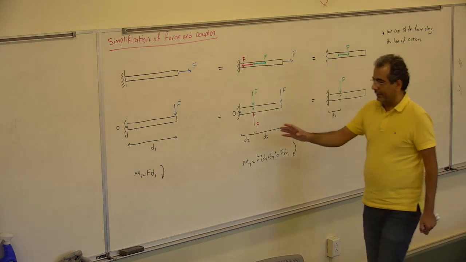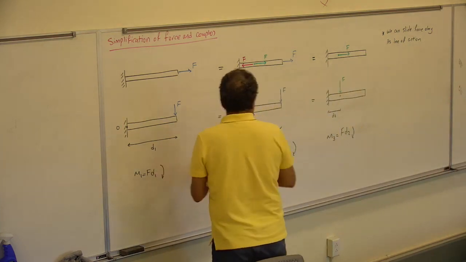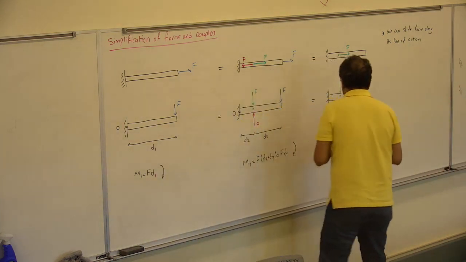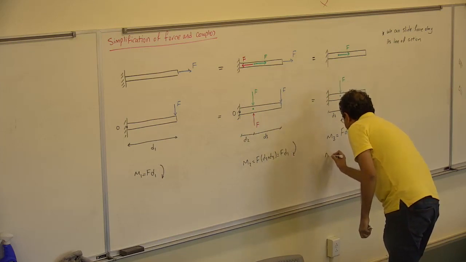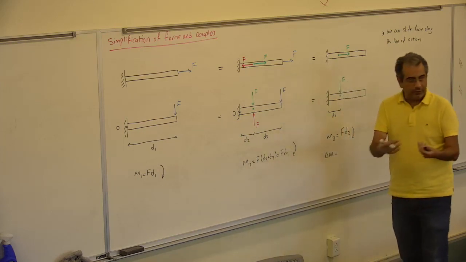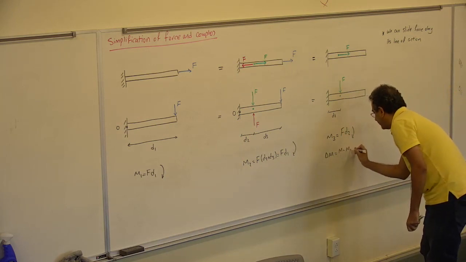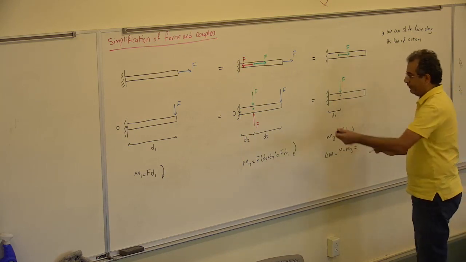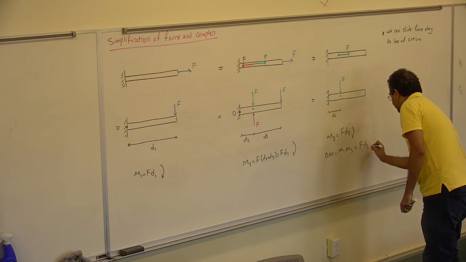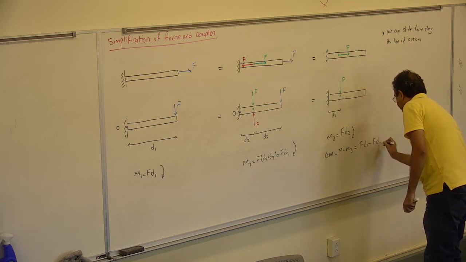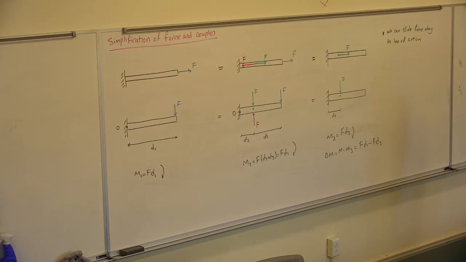That's the difference between these two. The delta M is how much moment I lost. It is M1 minus M3, which would be F D1 minus F D2. Agreed?